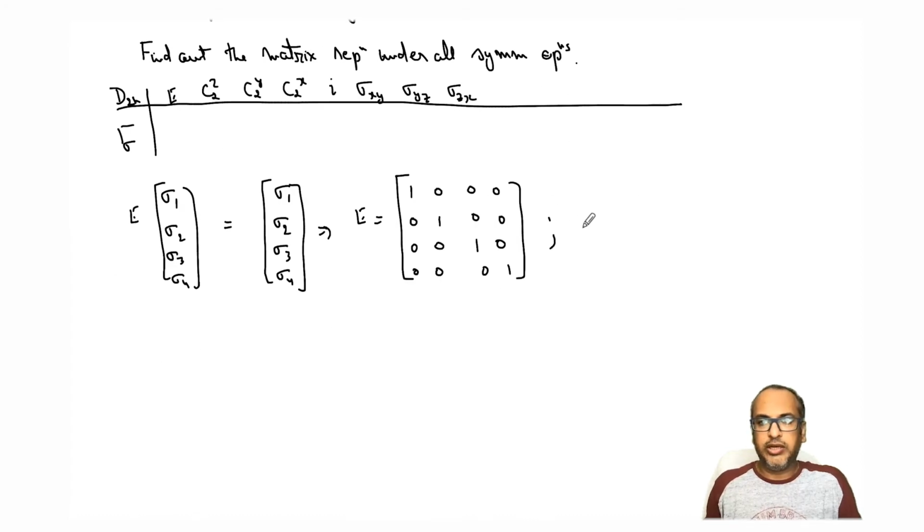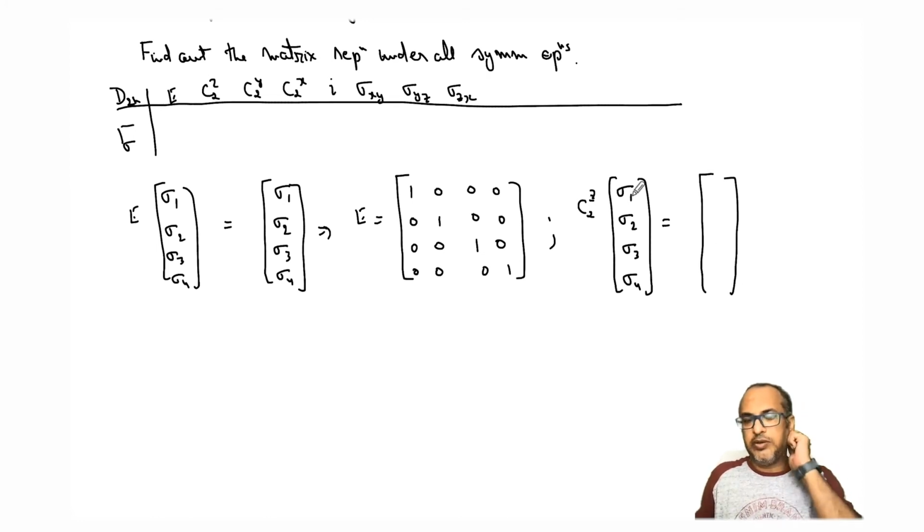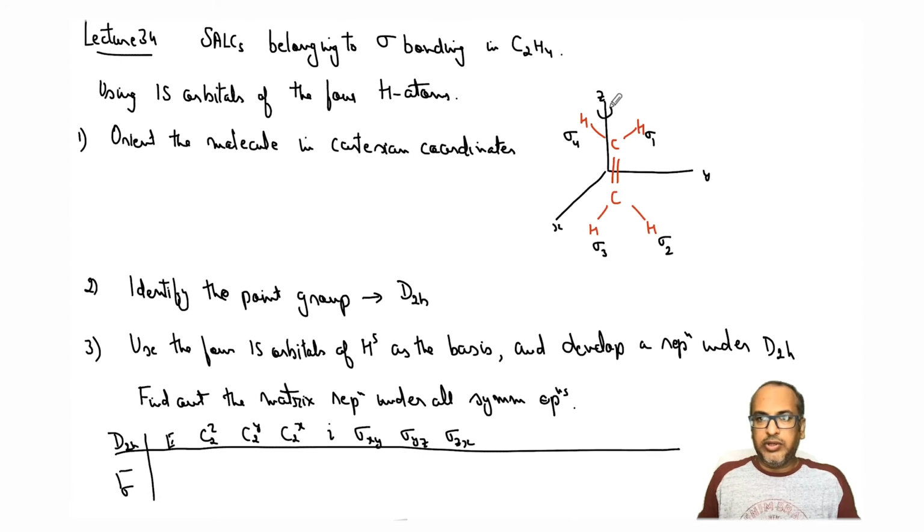Let's do the same thing for the next operation, the C2z operation. If I operate C2z on sigma 1, sigma 2, sigma 3, sigma 4, what is the resultant? C2z applied on sigma 1 will give you sigma 4, as I'm rotating around this anti-clockwise. So sigma 1 and sigma 4 will be interchanged, and sigma 2 and sigma 3 will be interchanged.